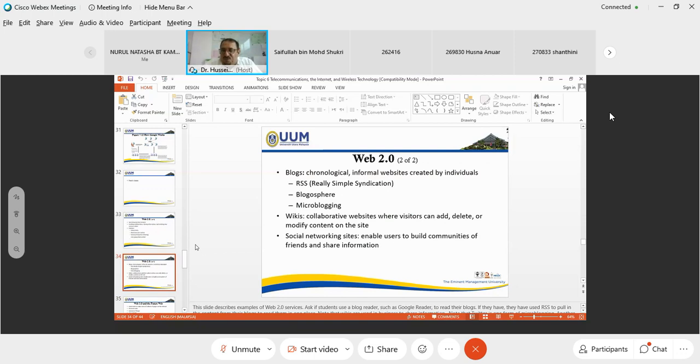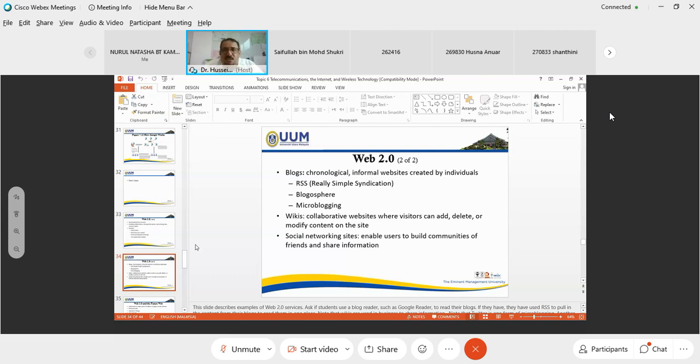What is Web 2.0? I think you have heard about Web 2.0, like blogs, RSS, blogosphere, or microblogging. When you do blogging, that is Web 2.0. Wikis. I still remember that one semester we used wikis where all students had to participate, to add and generate more ideas. Brainstorming, a lot of brainstorming.